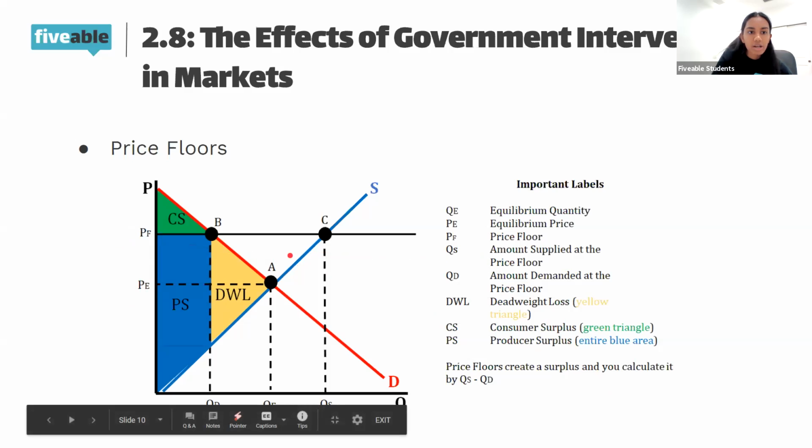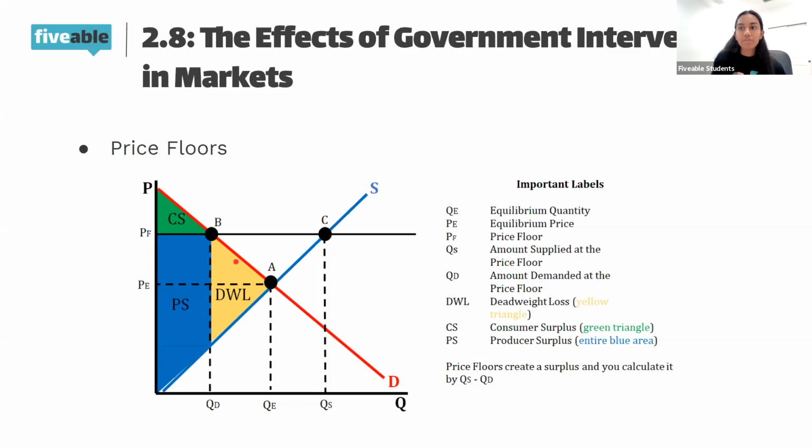And I forgot to mention, if you're being asked to find the area of consumer and producer surplus on these graphs, you can break it up, but usually you won't be asked to find the actual value of it. That's when you would find the area.